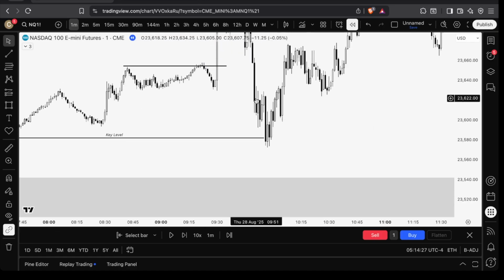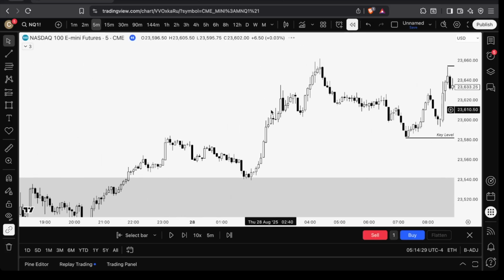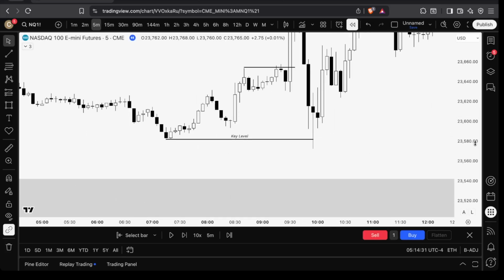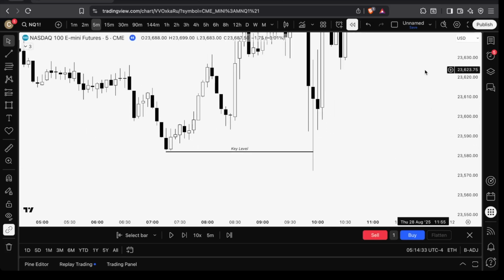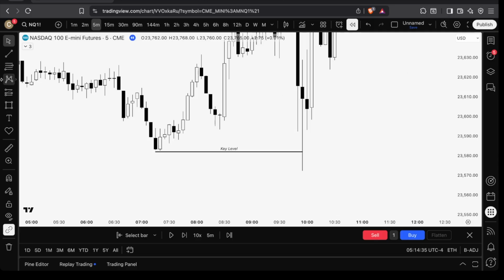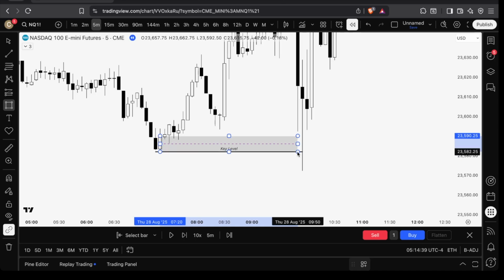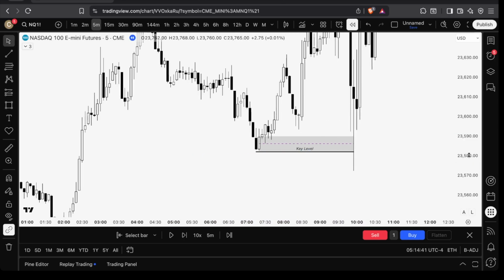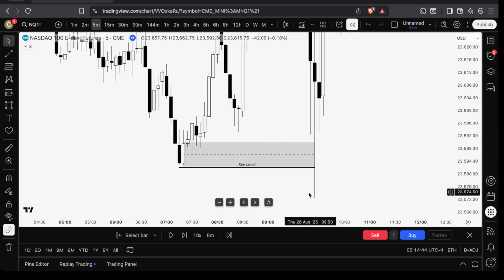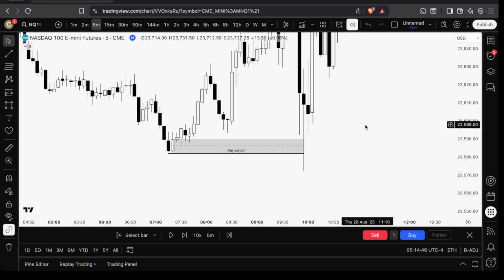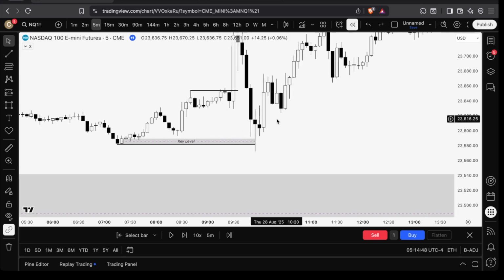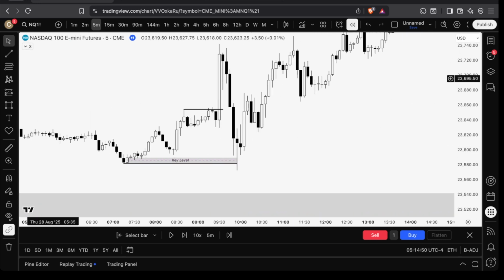I mean, it's just another way to trade, right? We had this block right here. Price tapped into it, went up. So basically, right here, right?